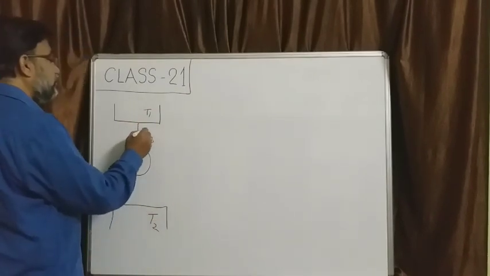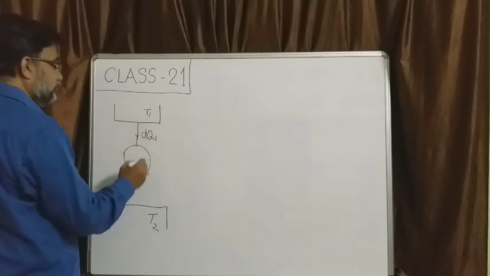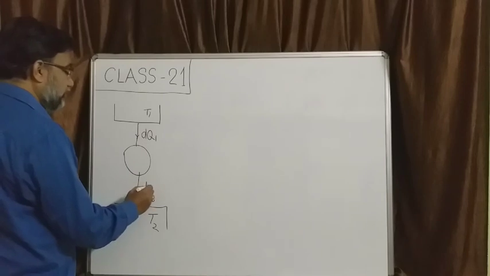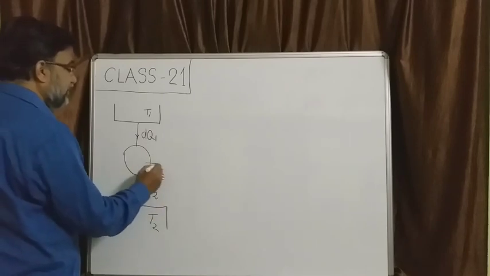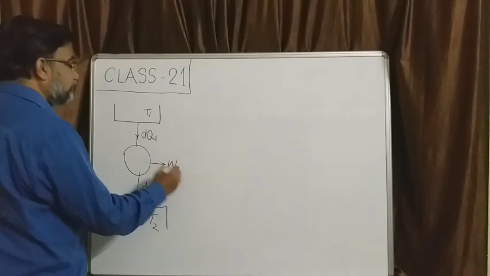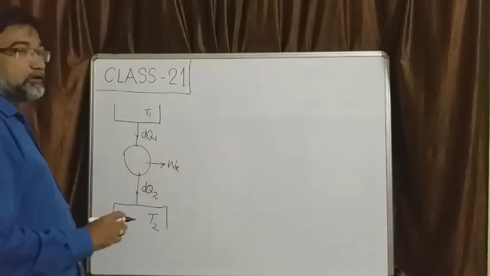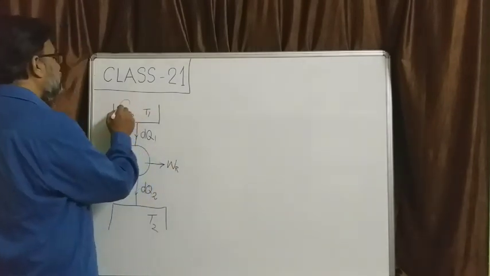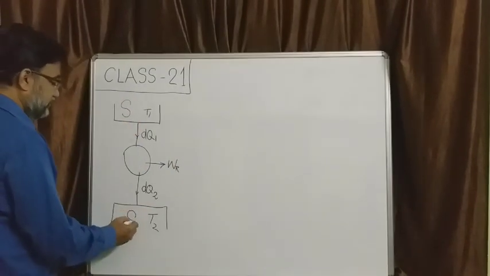It draws dq1 amount of heat and rejects dq2 amount of heat to the sink, and it does WR amount of work. R stands for reversible work. This is the source and this is the sink.